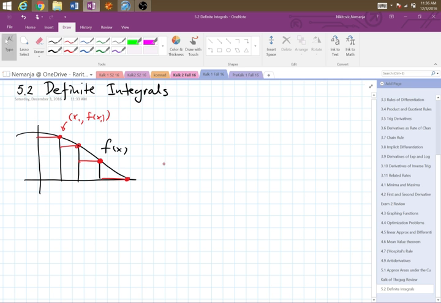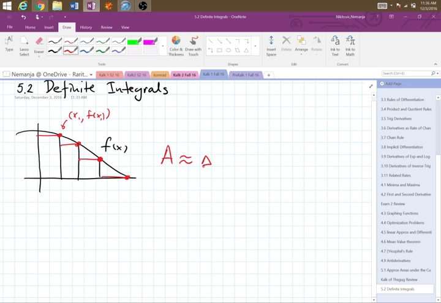So we were able to approximate the area by delta x, which was the width of each one of these, which is x1 minus x0 or x2 minus x1. Let me write. Delta x was b minus a over n, which is the number of rectangles.